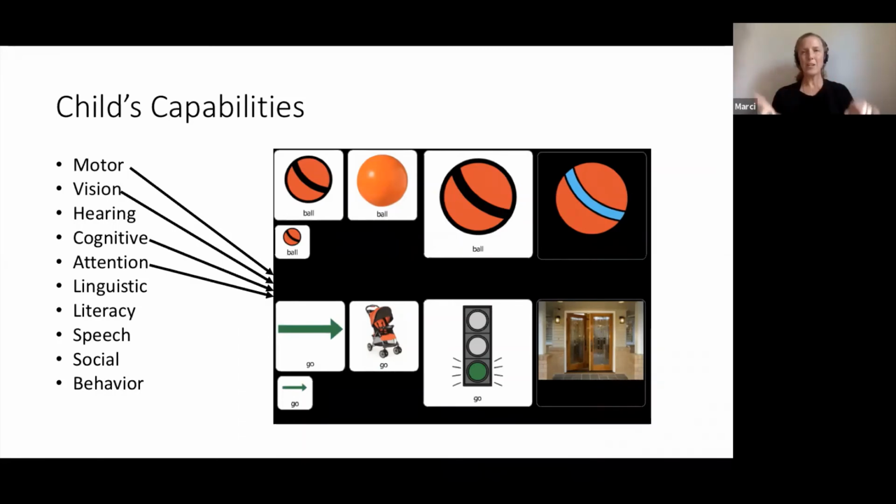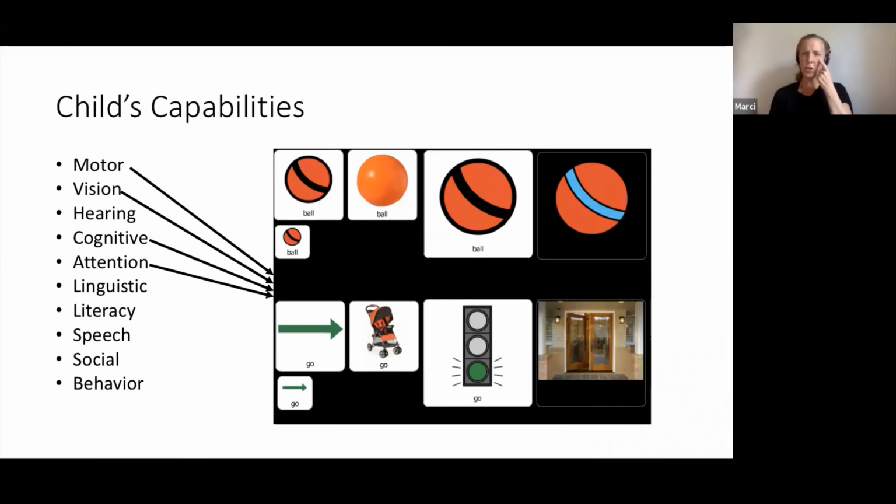But what I tried to do here is just give you an idea of what you might do when you encounter a little struggle. So for motor, I always start with a 2 by 2 inch picture, and I try to go down to a 1 by 1 inch. But if they don't have a point, if they're just using a whole hand, I might bump up to a 3 by 3 inch picture.